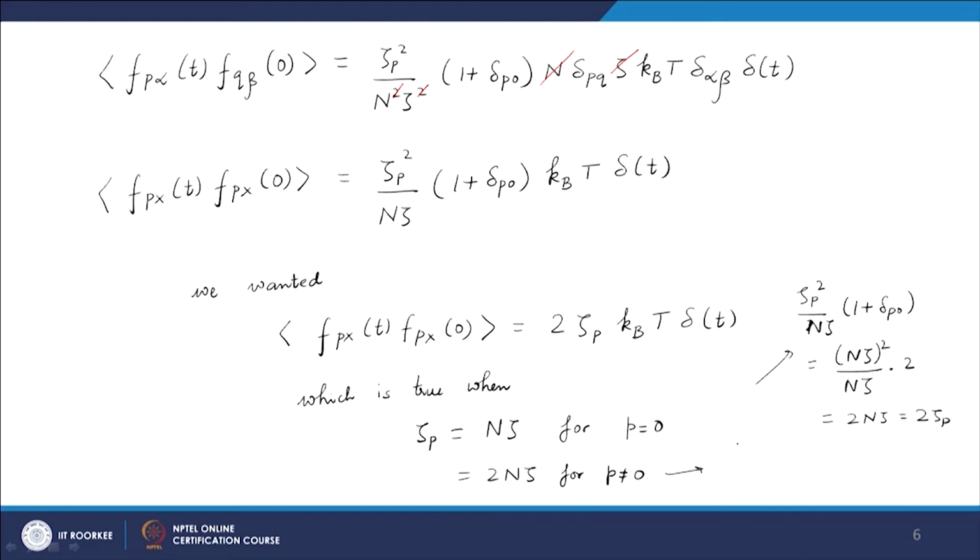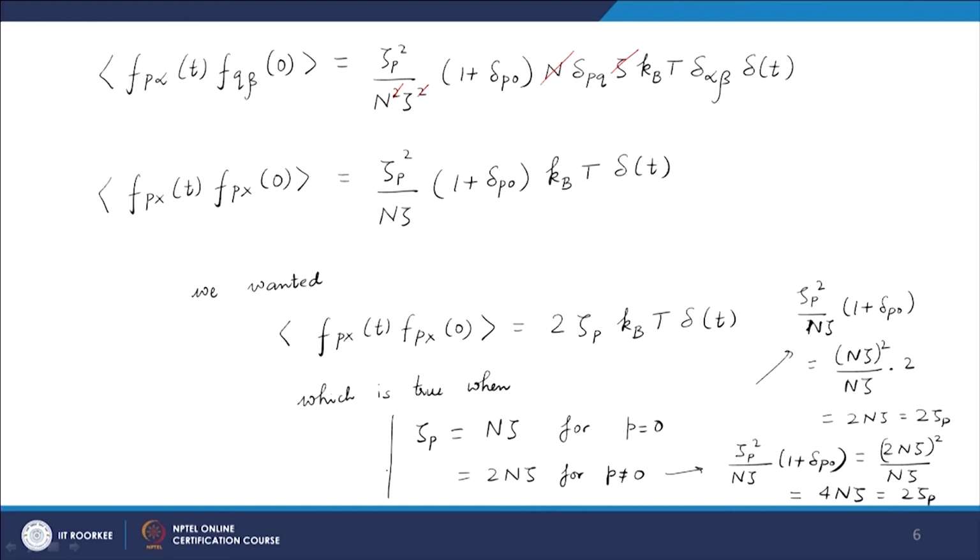because in this case we have zeta p square by n zeta multiplied by 1 plus delta p 0. So, 1 plus delta p 0 is 1 in this case, because p is not equal to 0. So, this is 2 n zeta square by n zeta, which is equal to 4 n zeta, which is equal to 2 times zeta p.